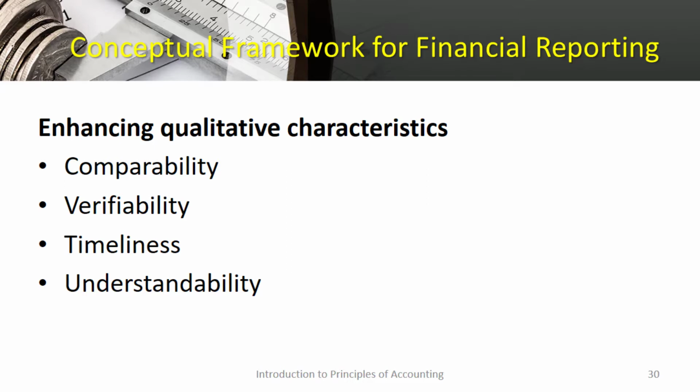The last characteristic is understandability. Generally, the financial information provided by businesses is used by various users around the world. Therefore, the business should ensure the understandability of the information provided.